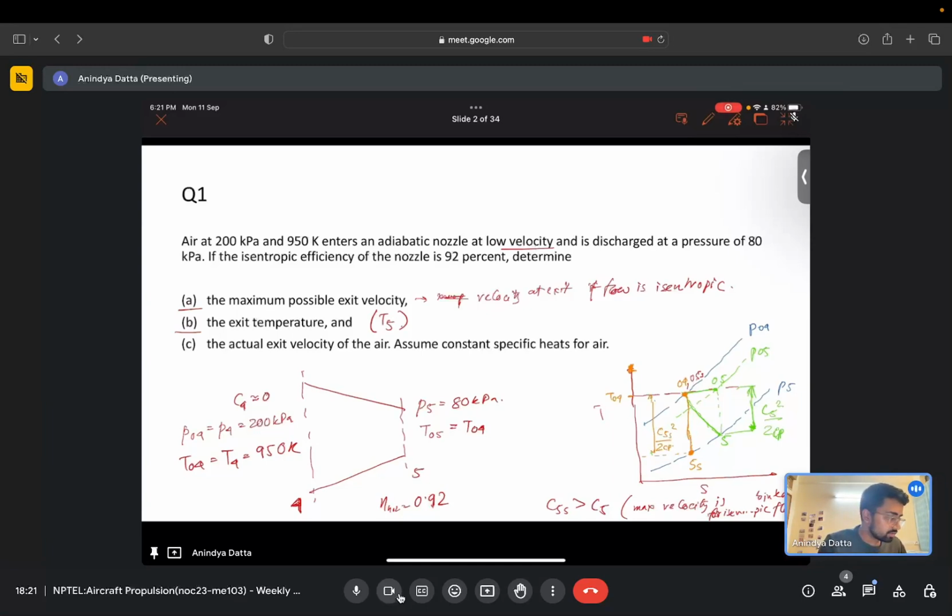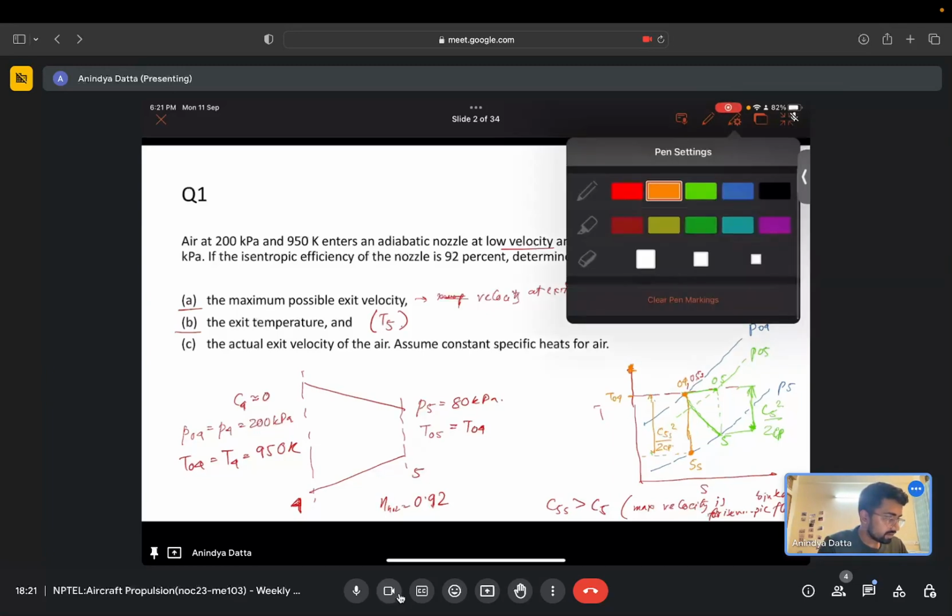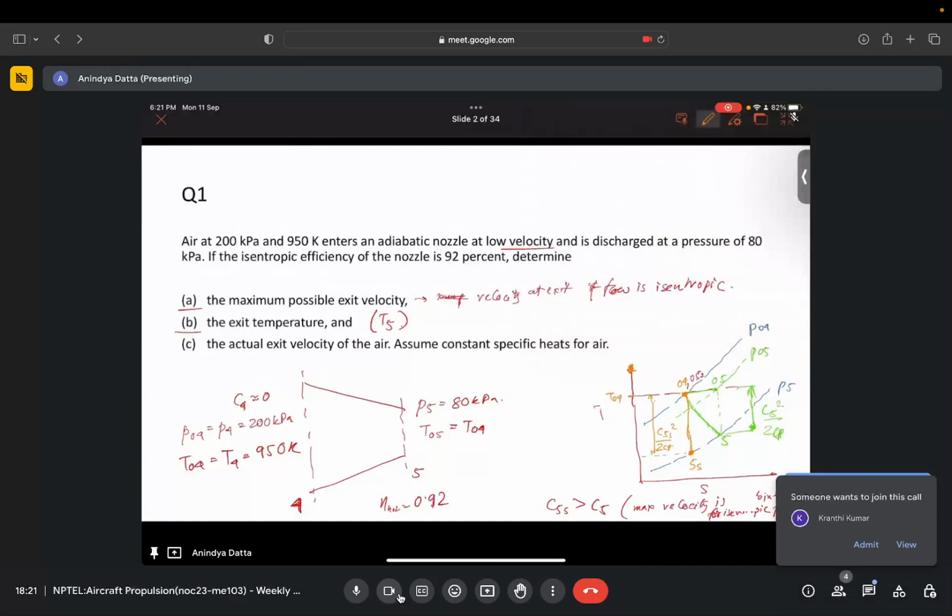So you can see that when the process is isentropic, the velocity attained at the exit is proportional to this vertical orange line. This is what I have noted here, C5s square by 2cp.